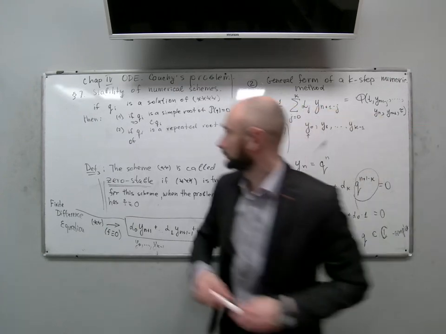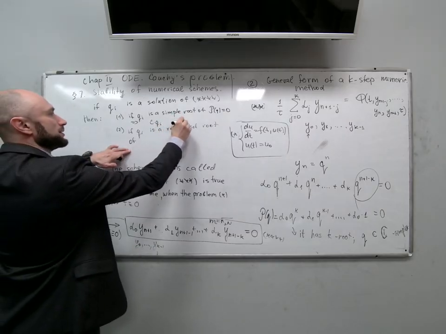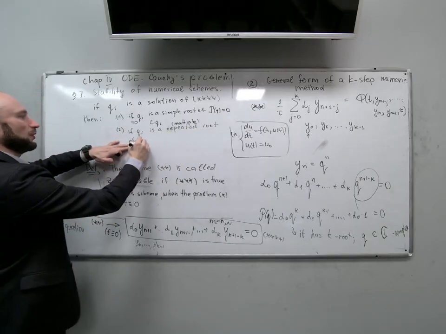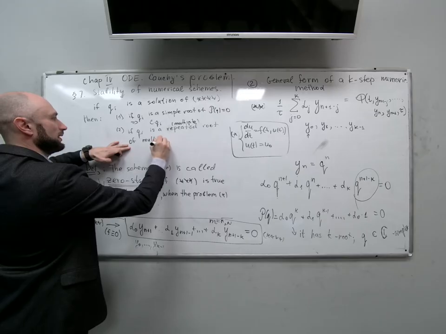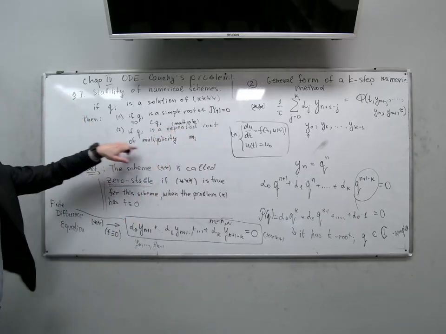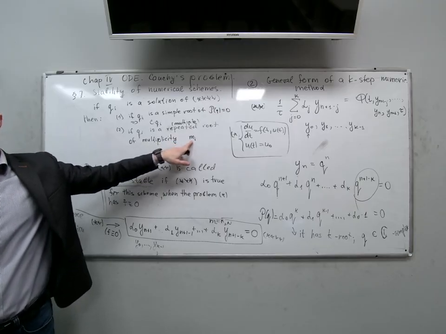So if q_i is a multiple root of multiplicity m_i, m means how many times it was repeated in the solution of the original equation.